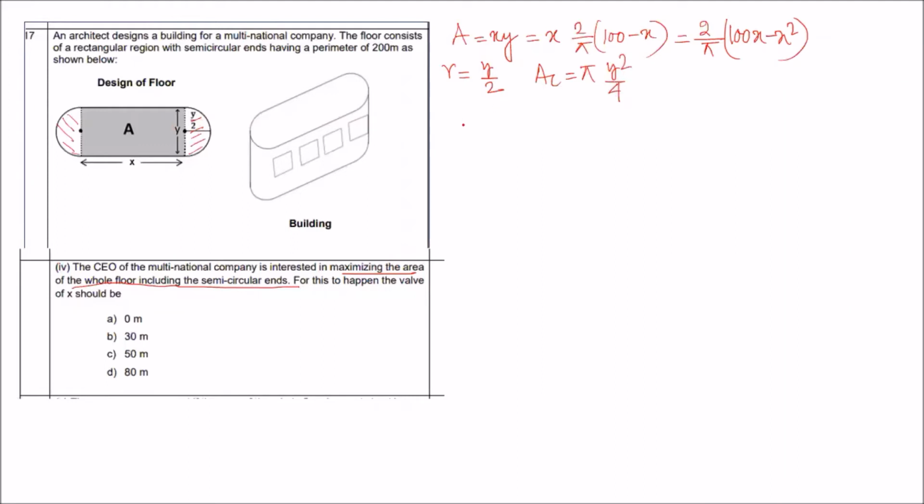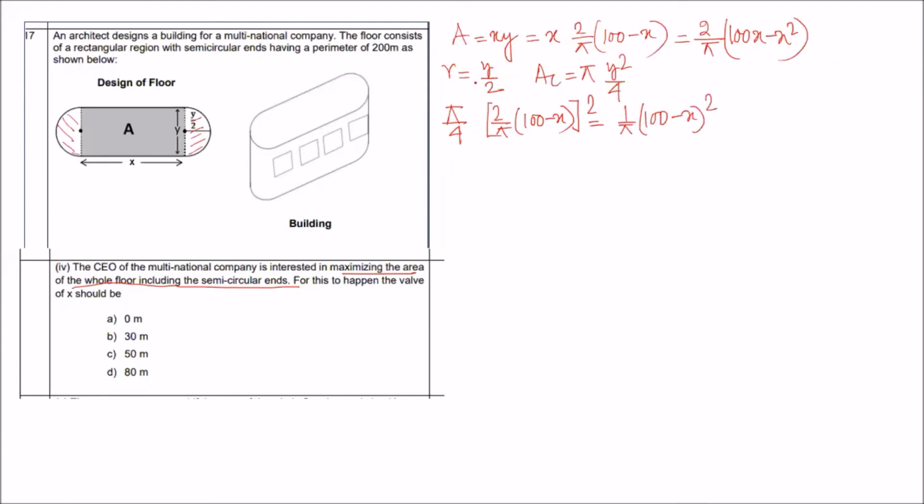Now replacing y, area of the circle will be pi by 4 into (2 by pi into (100 minus x)) whole square. You will simplify: 4 cancelled, one pi will be cancelled, it will be (100 minus x) whole square.